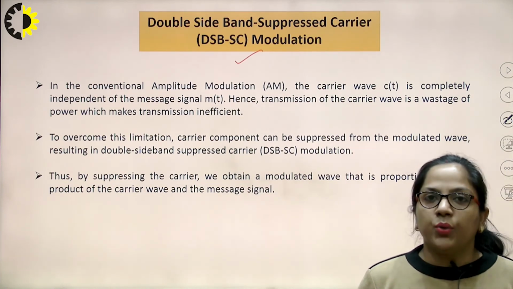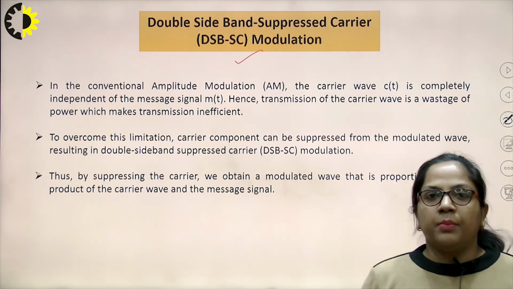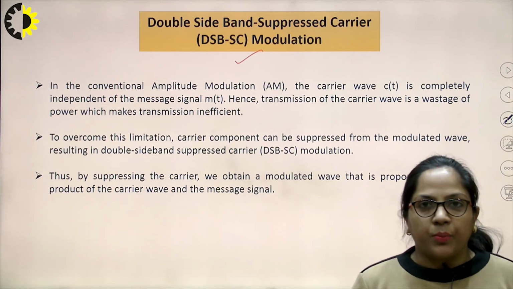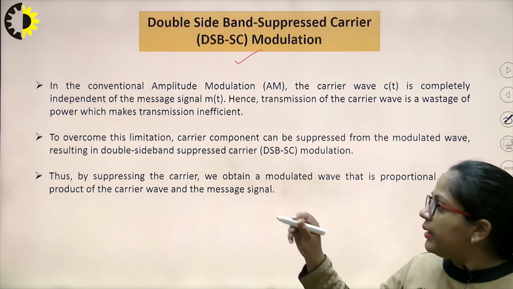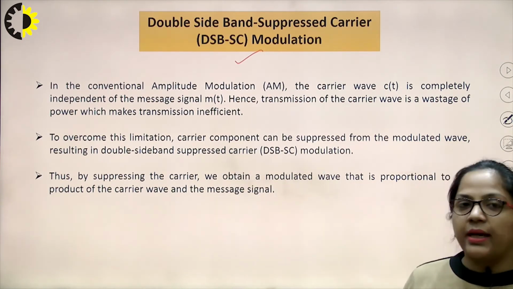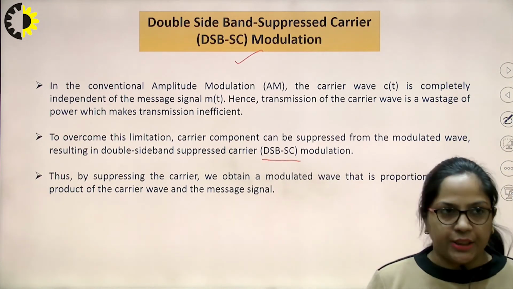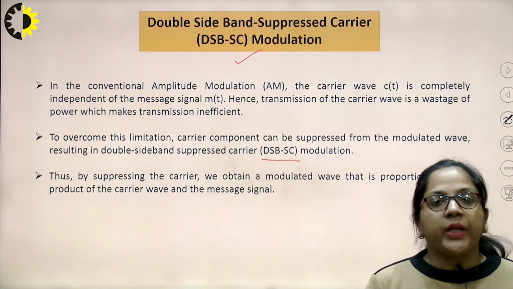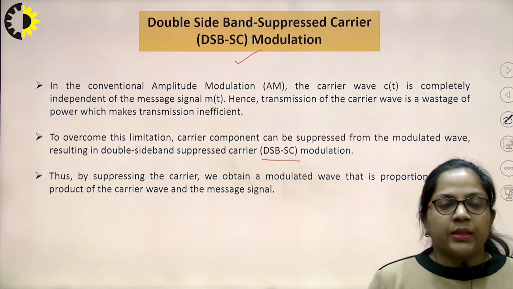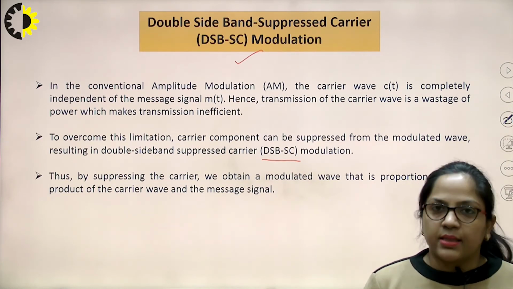So what we can do is overcome this limitation by suppressing the carrier component from the modulated wave. That will result in double sideband suppressed carrier, also called DSB-SC modulation. Thus by suppressing the carrier we obtain a modulated wave that is proportional to the product of the carrier wave and the message signal.